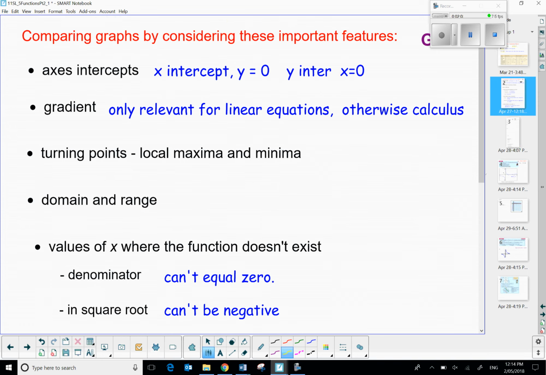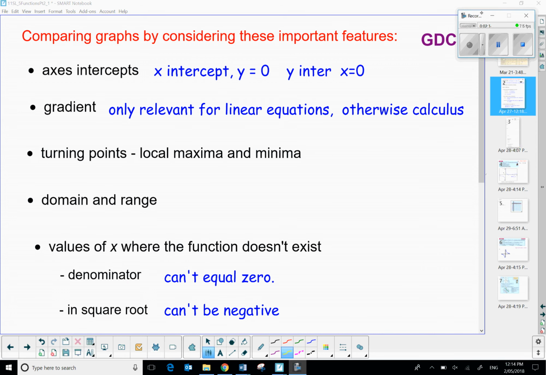What we've also done when we've looked at our graphing, when we're considering our calculators, is look at the different features. We've talked about axis-intercepts, x-intercepts, where y is equal to 0, the y-intercept where x is equal to 0.